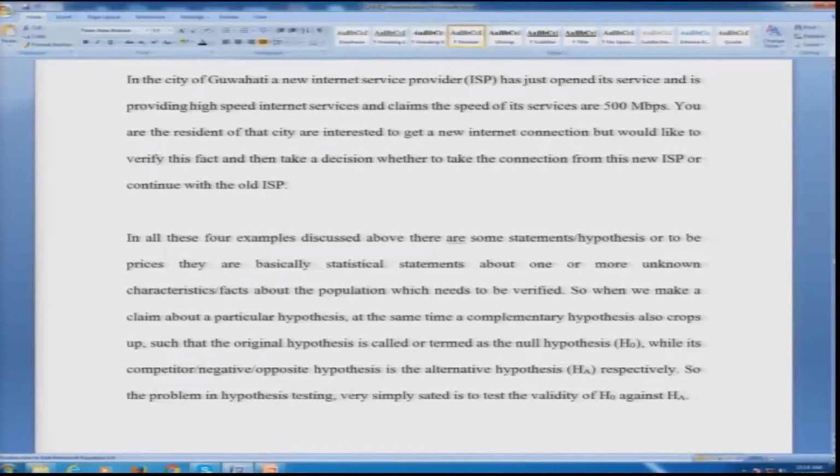When we make a claim about a particular hypothesis, let me read it again: at the same time, a complementary hypothesis also crops up, such that the original hypothesis is termed the null hypothesis, which is H suffix naught, or H0, while its complementary, negative counterpart, or opposite hypothesis is the alternative hypothesis, given by the symbol H suffix A. So, the problem is to state the validity of H naught versus HA.